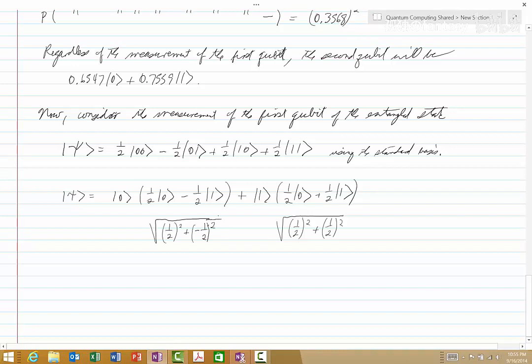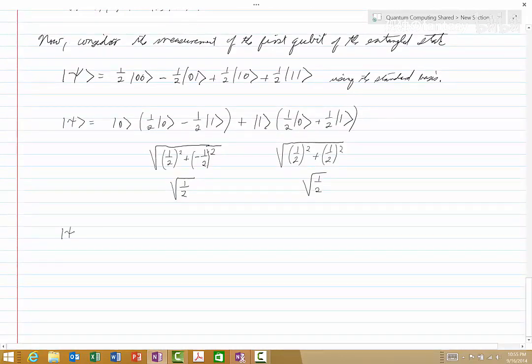Okay? And of course in each case that becomes the square root of 1/4 plus 1/4, which is 1/2, square root of 1/2.